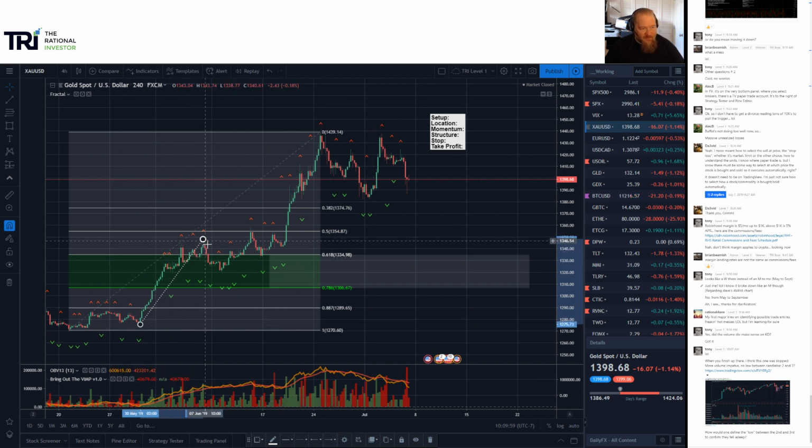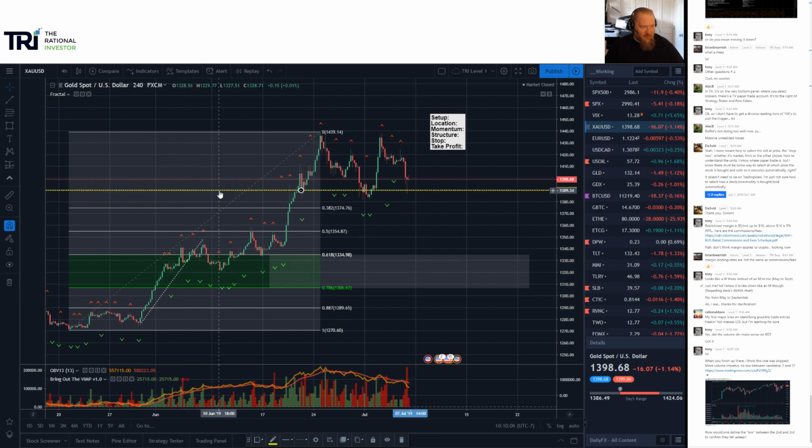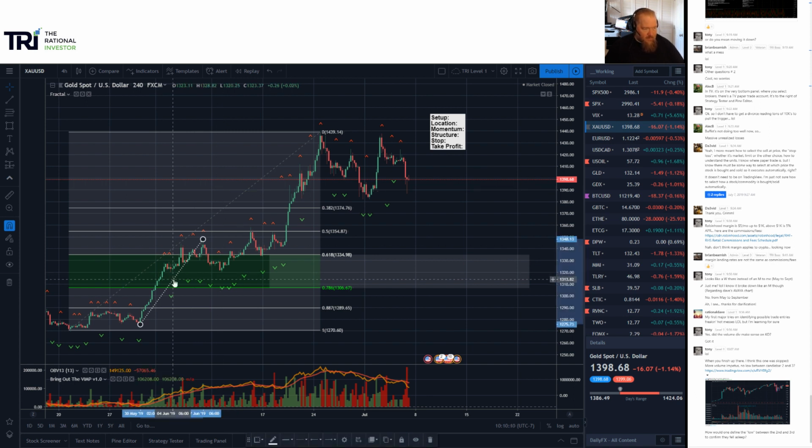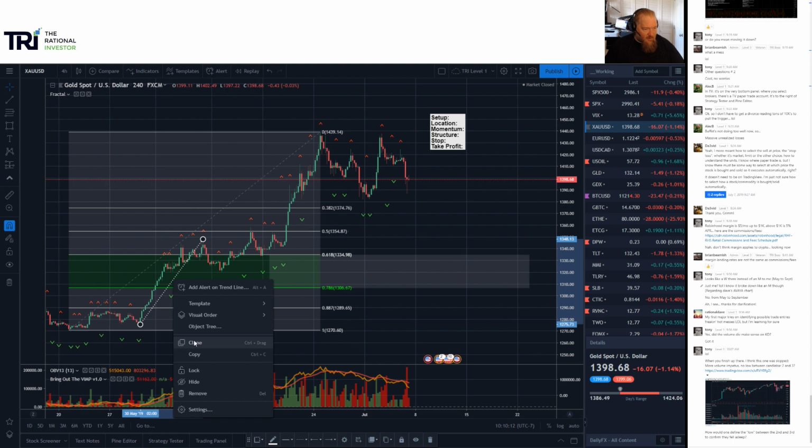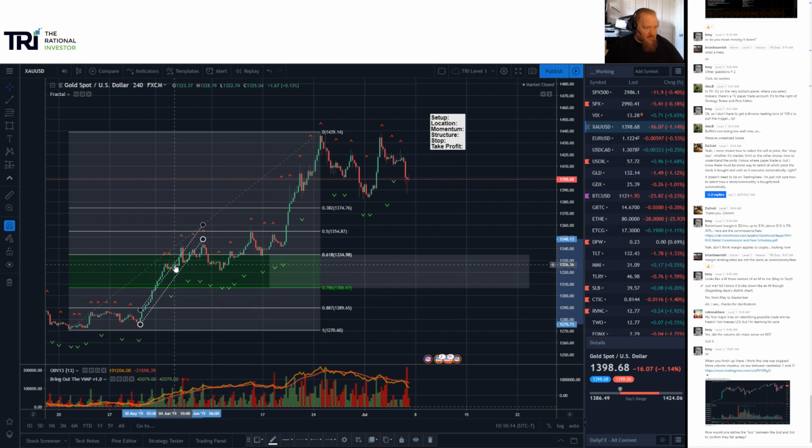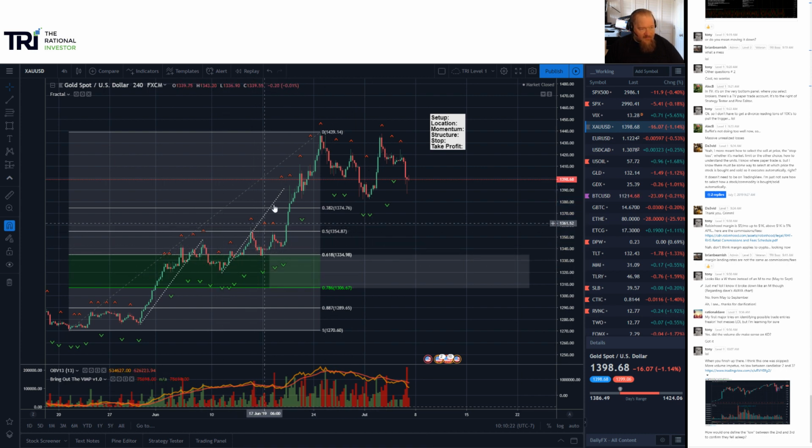This was another pivot where we came back down, right? So then I copy, so Control C, Control, well, that didn't work, weird. Let me just do it this way, we can clone, right? So we take the cloned one, we place the bottom of it at the pivot low here, and that gives us a projected CD up to this level here. Okay, so we would take profits here at this level.